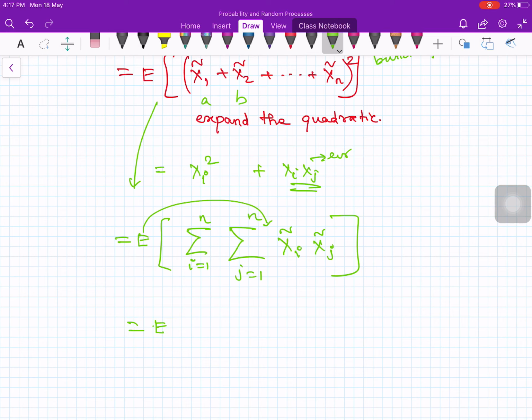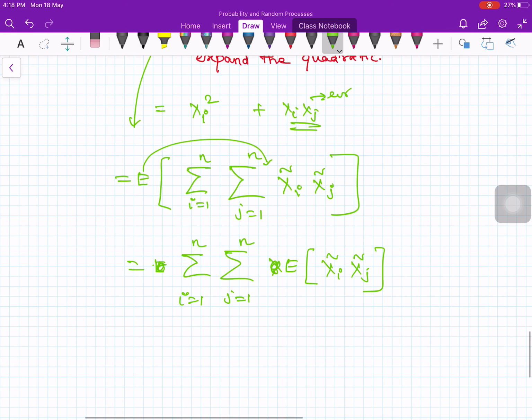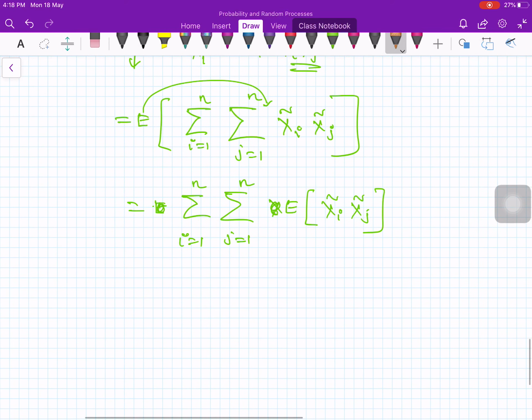This is going to be the double summation, i equals 1 to n and j equals 1 to n, of the expected value of xi tilde times xj tilde. This is easy to write, or one can easily prove it. For example, let us take n equal to 2. Then what will happen?